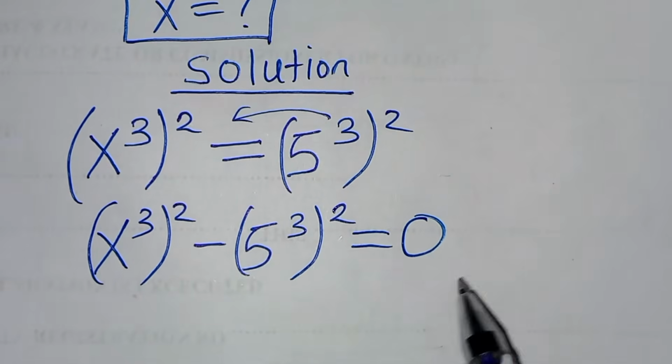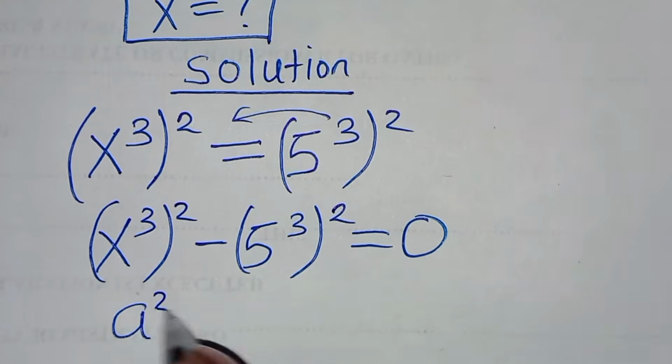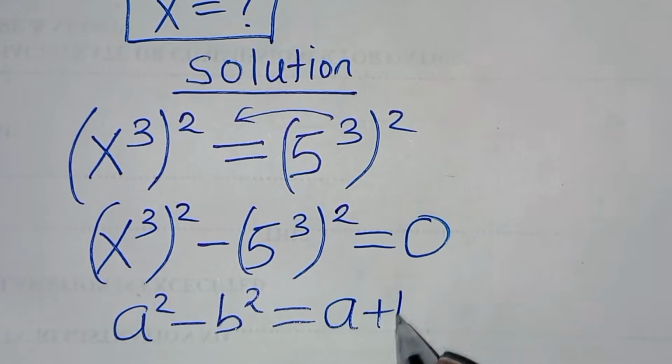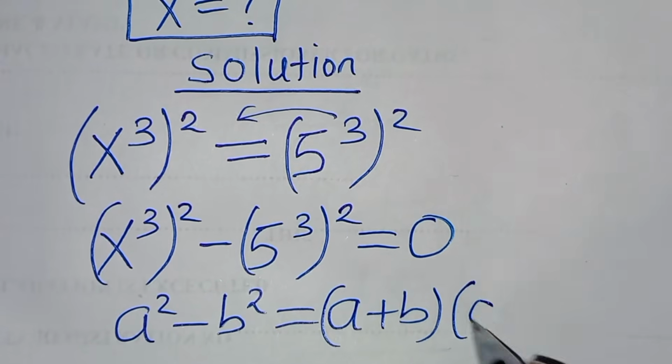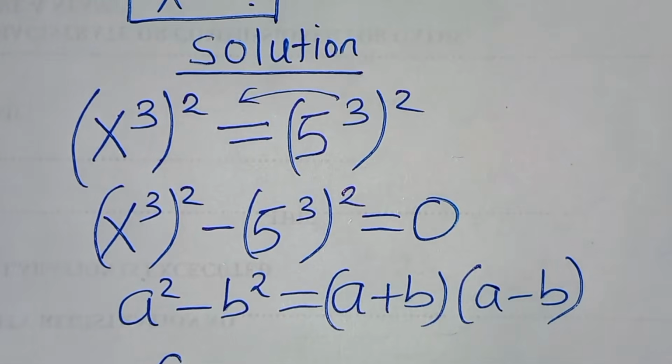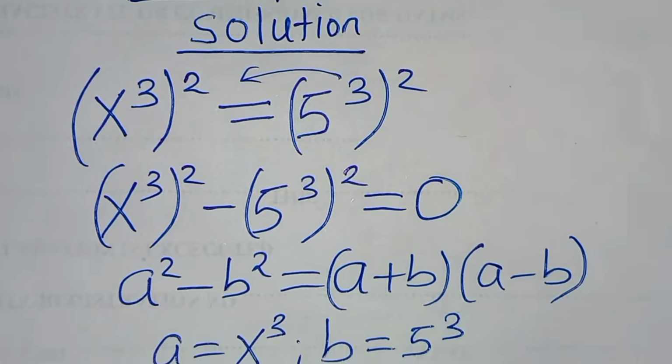Now, this equation is in the form of a squared minus b squared, which we can express as a plus b, a minus b. From this equation, a is equal to x to the power 3, b is equal to 5 to the power 3.